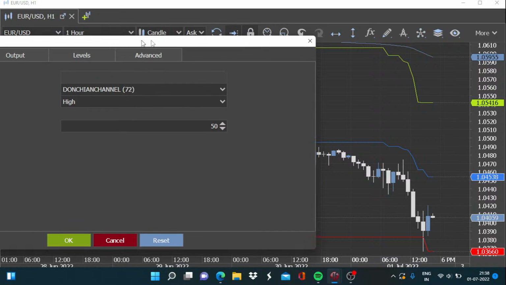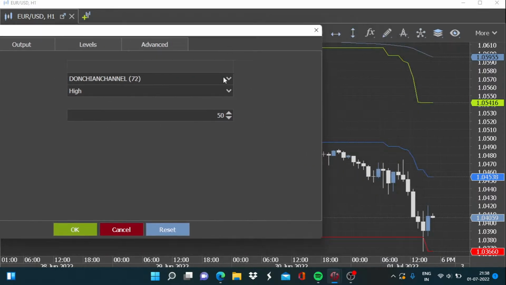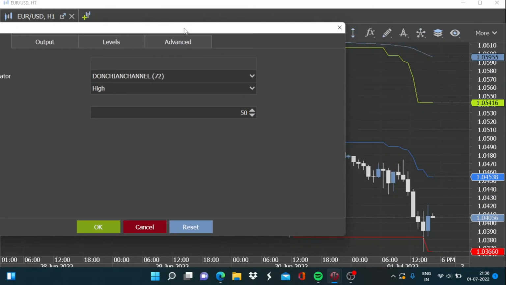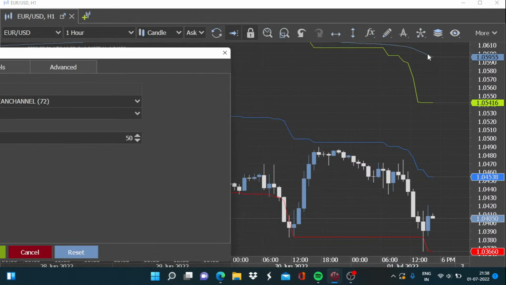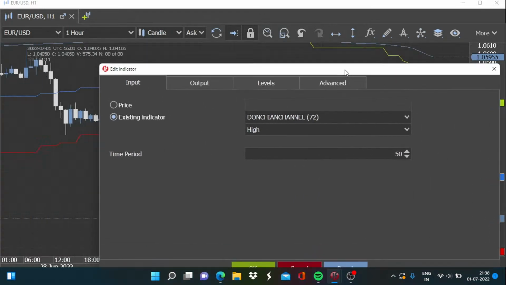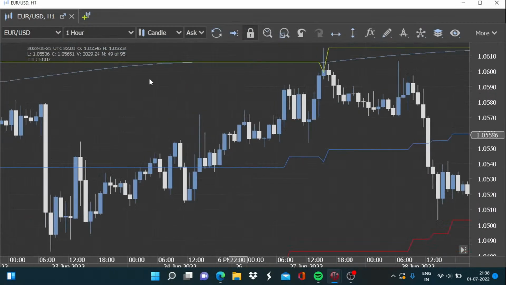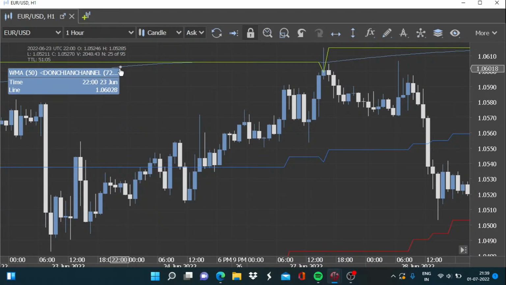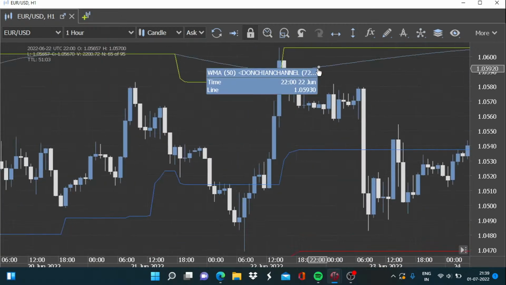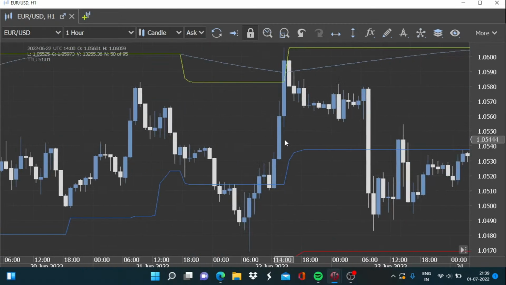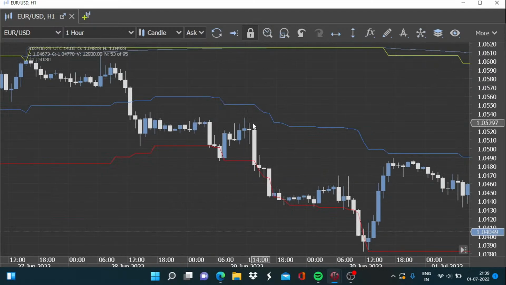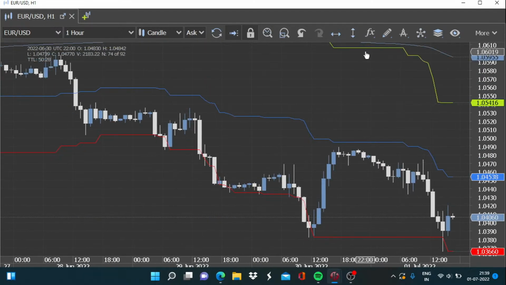So we are taking the weighted moving average of the high price of this Donchian channel, and you can see now this weighted moving average price has shifted quite a lot on the higher side. So here it is a lot more different than what we were seeing earlier, and that's happening because this is the weighted moving average price of this higher band of this Donchian channel.